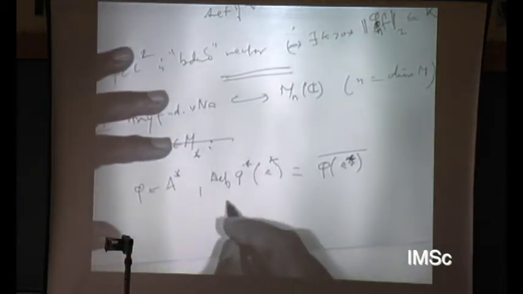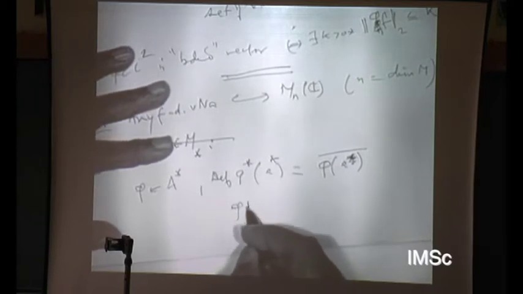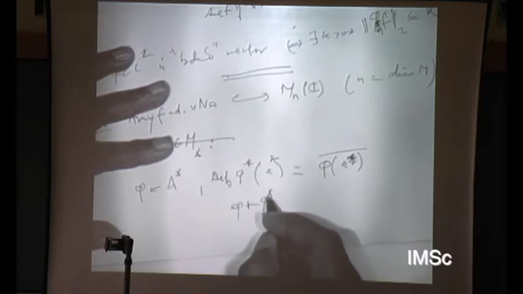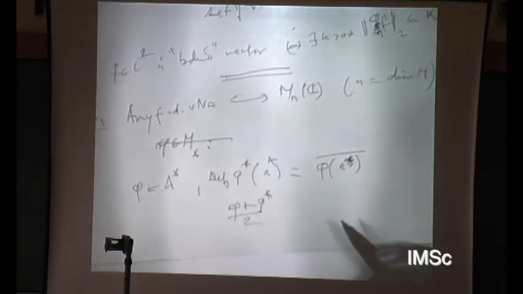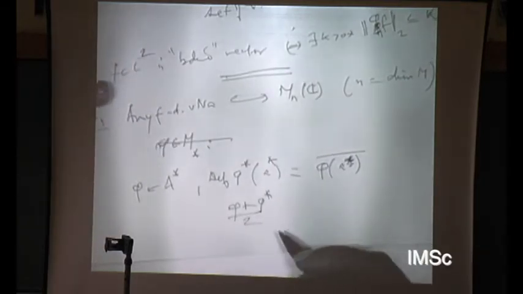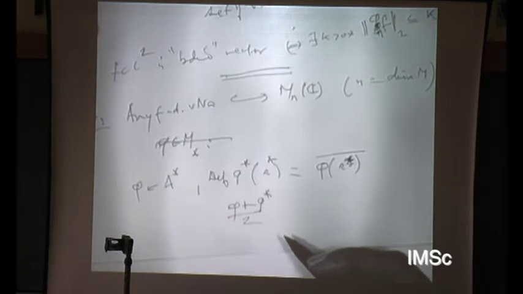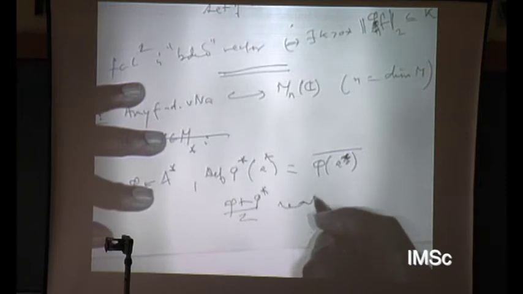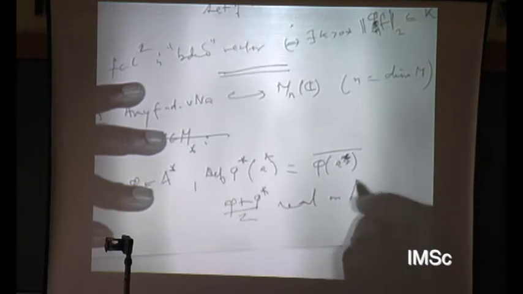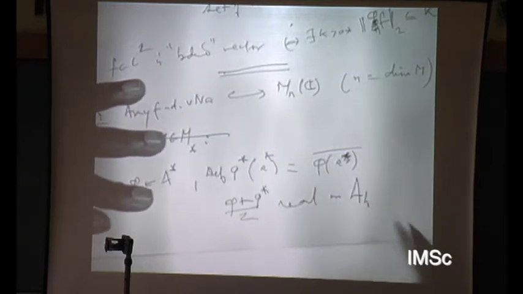From which we see that phi plus phi star over 2 is real on self-adjoints, the so-called Hermitian part of A.